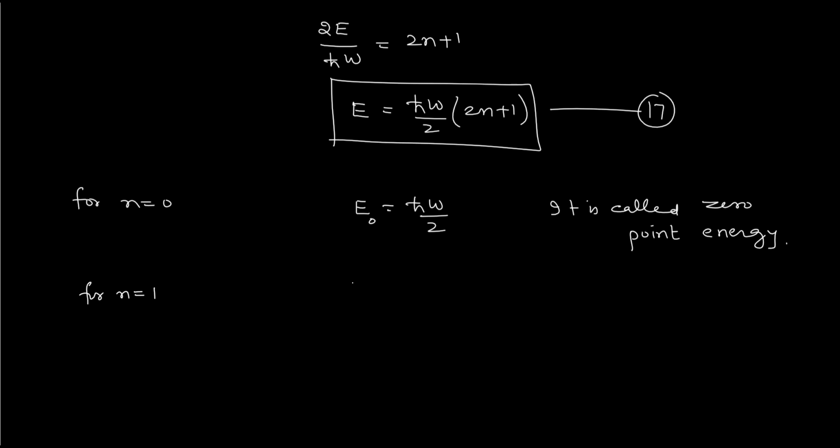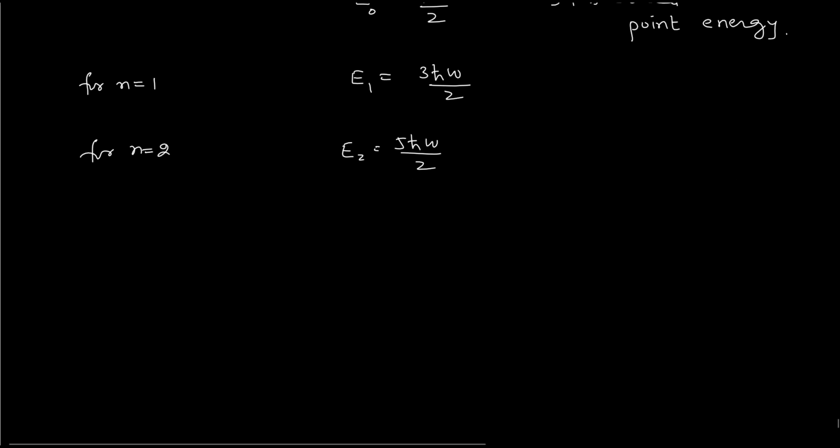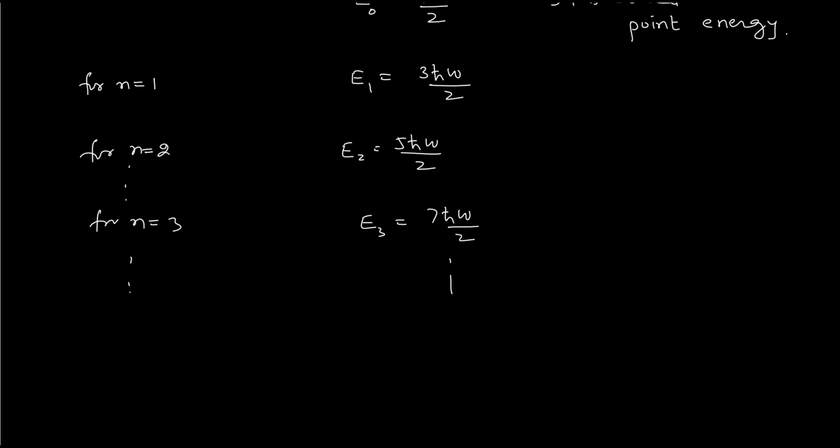For n equal to 1, E1 is equal to 3 h cut omega by 2. For n equal to 2, E2 is equal to 5 h cut omega by 2. And for n equal to 3, E3 is equal to 7 h cut omega by 2, and so on.